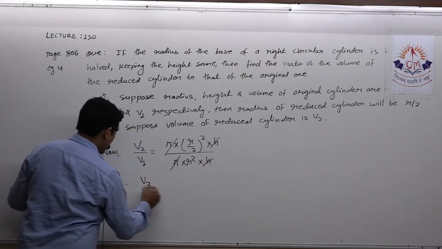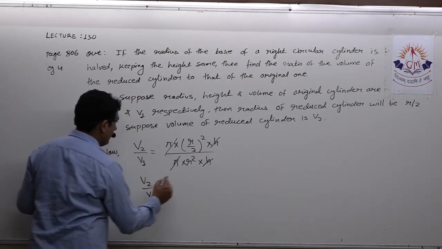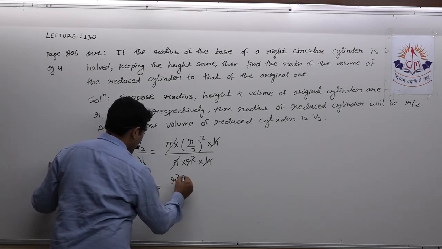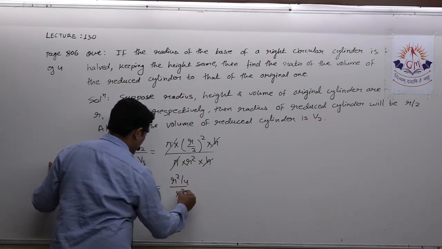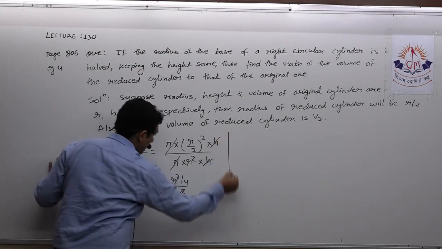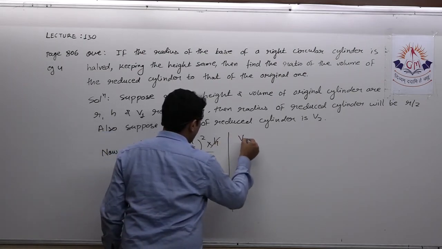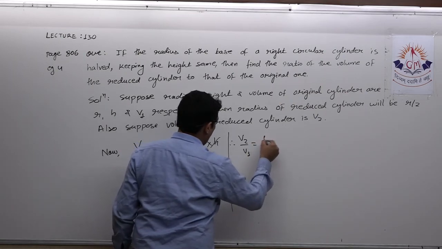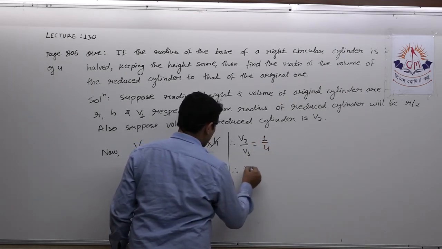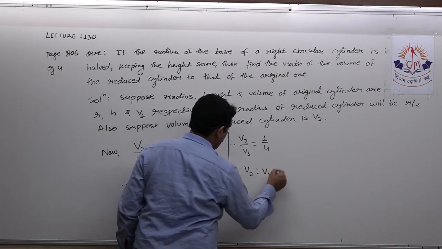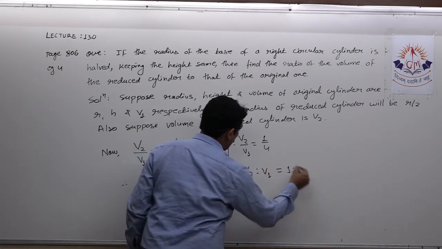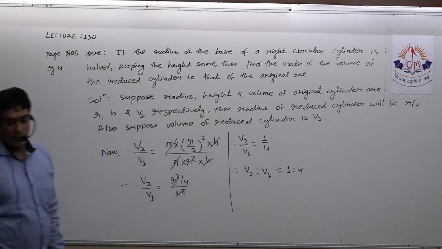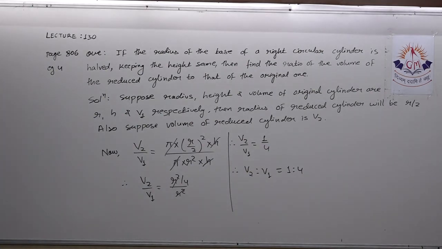Therefore, V2 upon V1 is equal to r square by 4 upon r square. R square again cancels. So V2 upon V1 is equal to 1 upon 4. That is, V2 is to V1 is equal to 1 is to 4. That is our final answer. Please note it down, then we will see the next question.